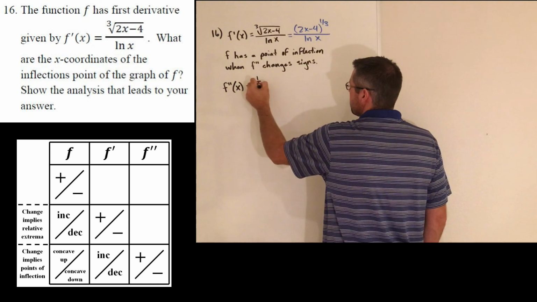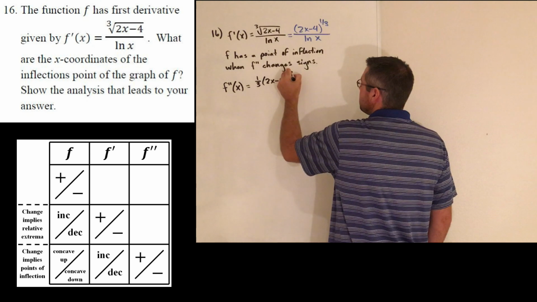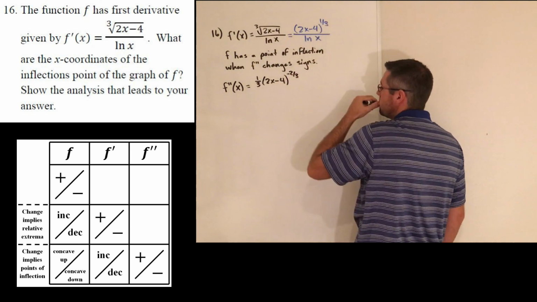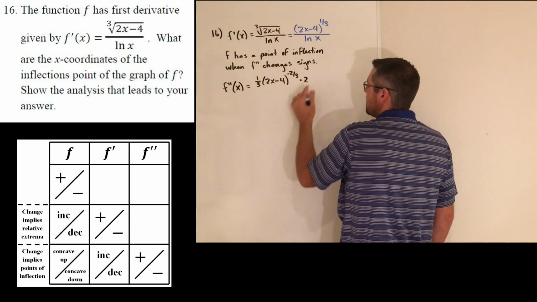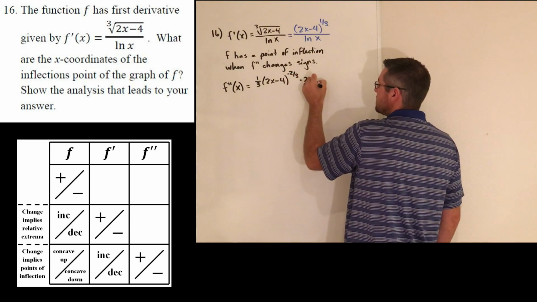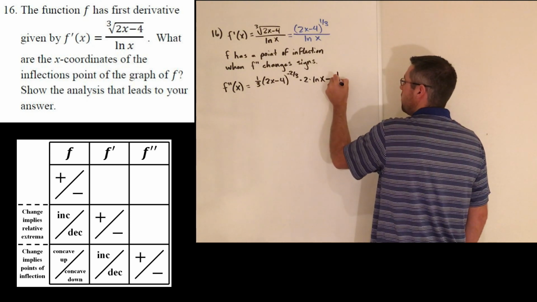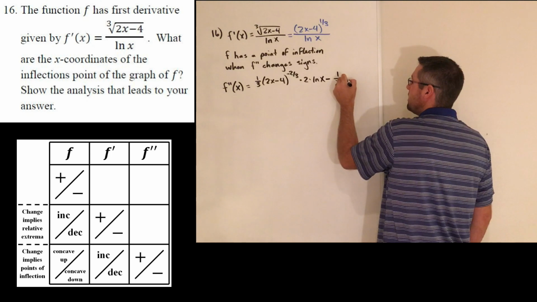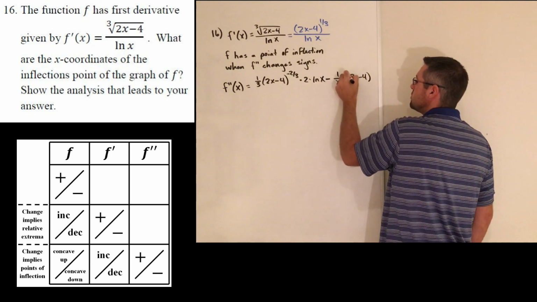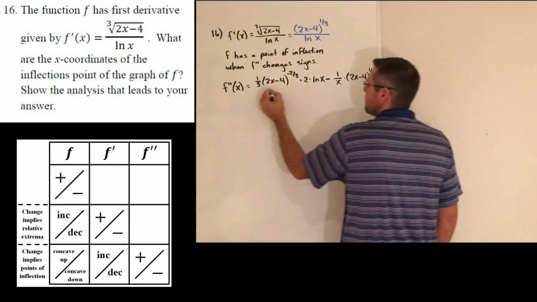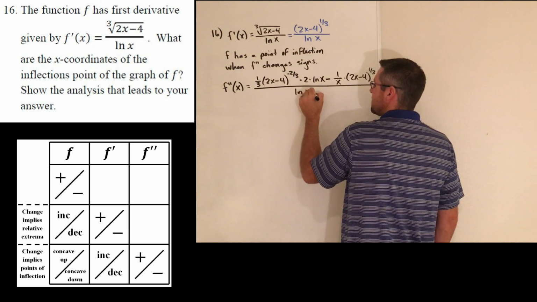So it's going to be 1/3 times 2x minus 4 raised to the negative 2/3, because I have to subtract 1 for the power rule, and then times the derivative of the inside, so times 2, and then times the bottom, so times natural log of x, and then minus the derivative of the bottom, which is 1 over x, times the top, so then times 2x minus 4 to the 1/3, all over the bottom squared, so that's the natural log of x squared.